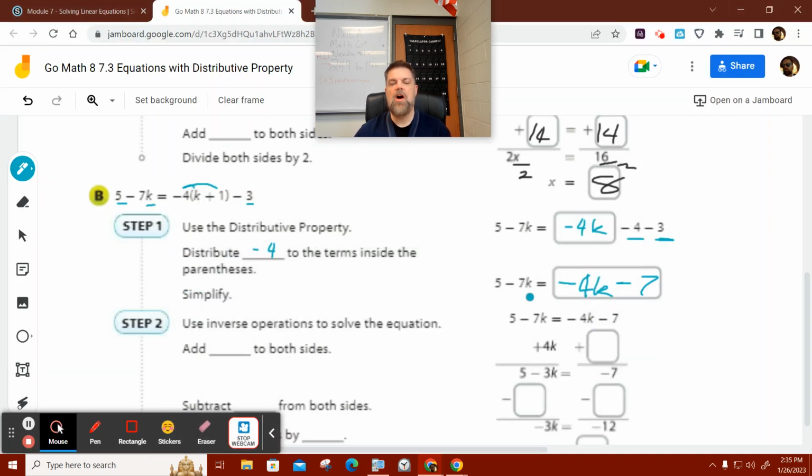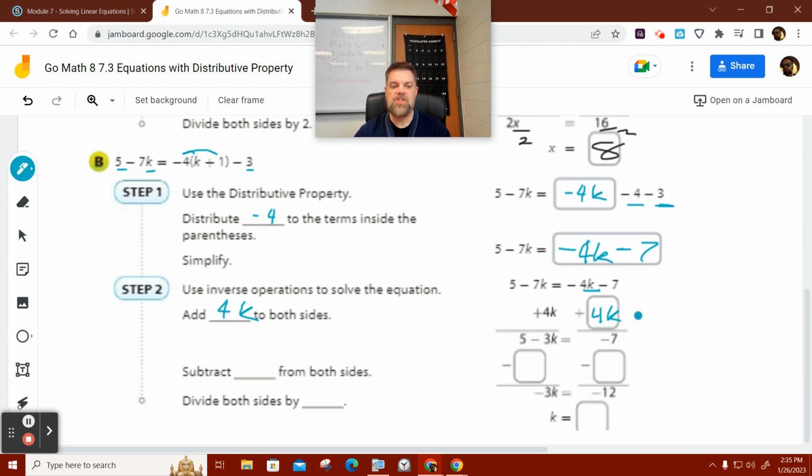So now we always move the smaller k. Well, they didn't do it this way. I would have moved the negative 7k. But let's just move the negative 4k. So I'm going to add 4k to both sides. Ugh, that's a lot of extra work. Maybe I am cranky.